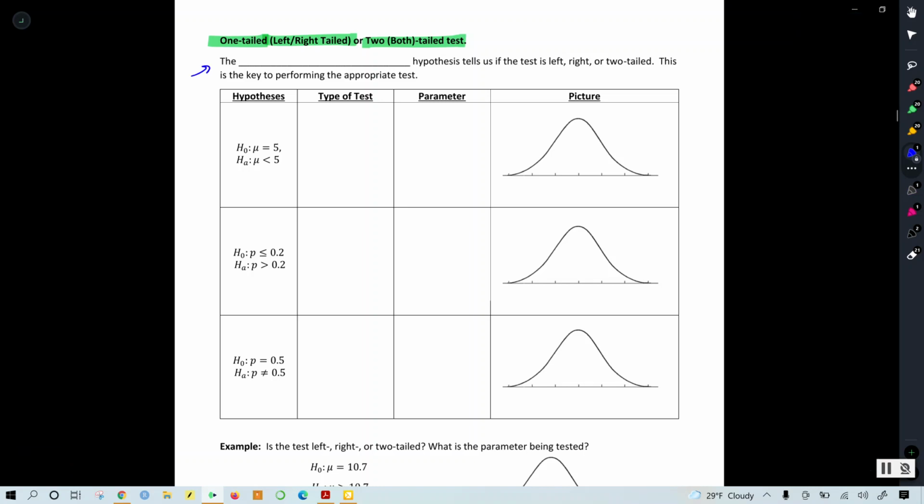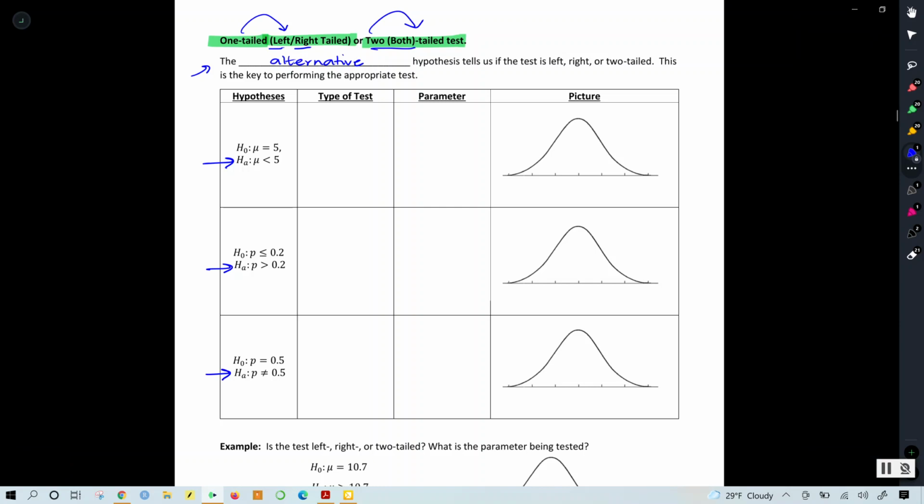When you are asked, is it a left or right one-tailed test, or is it a two-tailed test? All you need to concern yourself with is the alternative hypothesis. So, the alternative hypothesis holds the key to determining whether you have a one-tailed test or a two-tailed test.